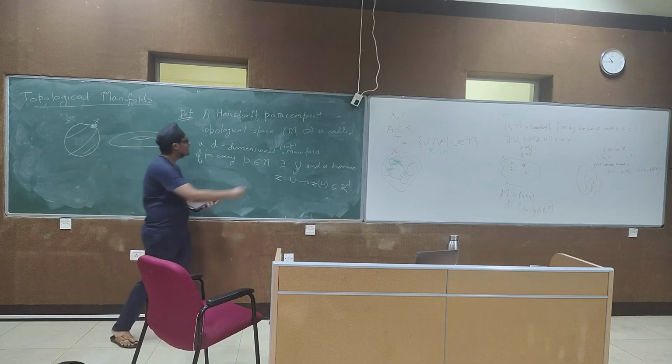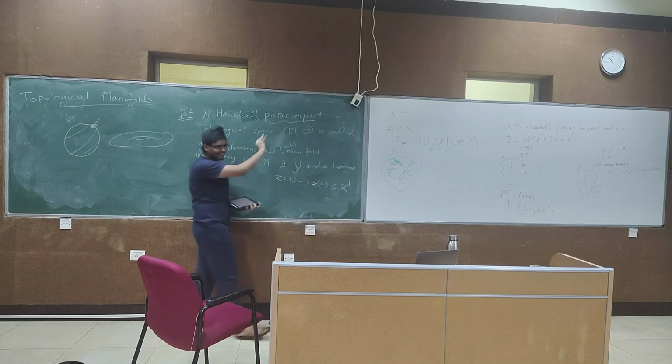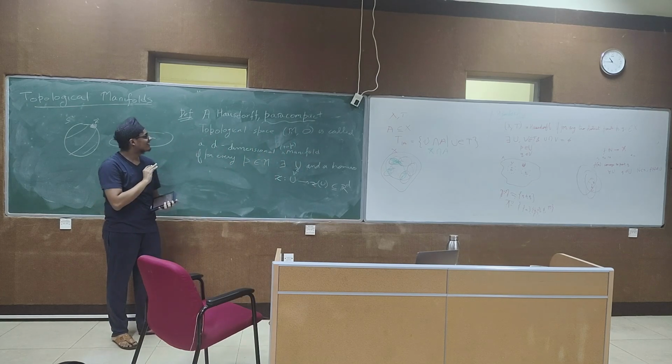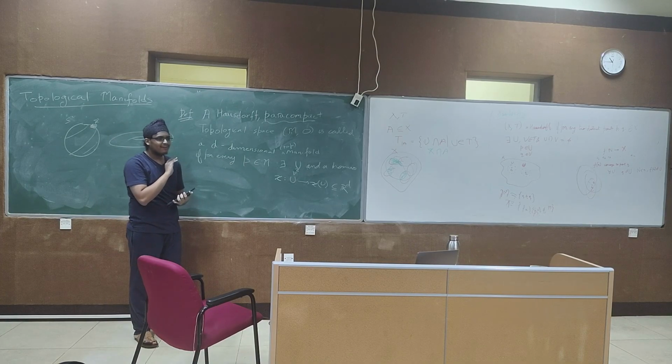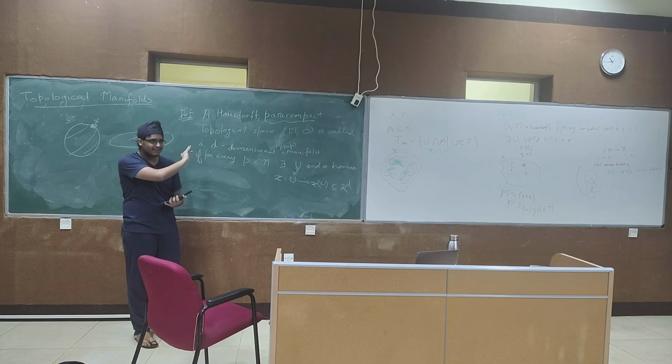First of all, just ignore this word. If I try to explain this, it will take one more hour, so just ignore it, okay? All spaces in physics which you will encounter will be paracompact. Most of the spaces which we encounter in physics are metrizable.